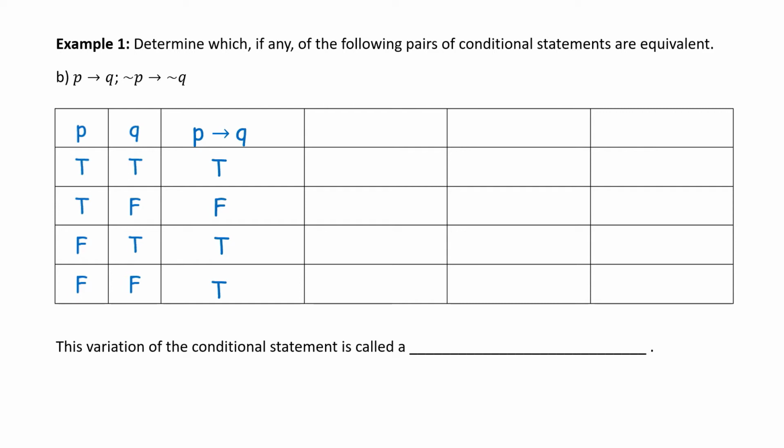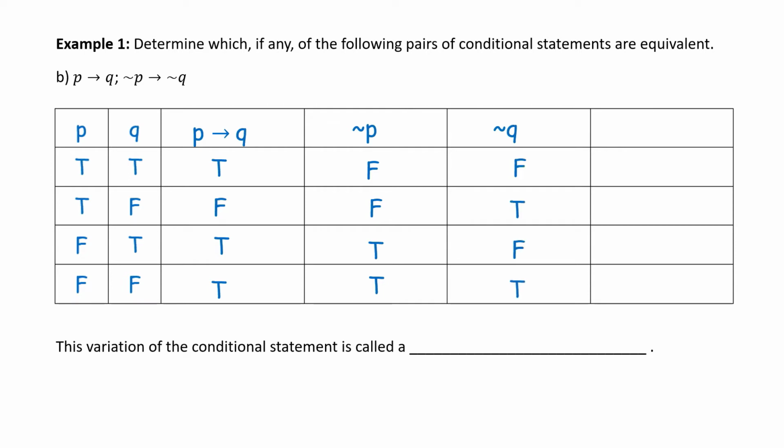Now let's negate P. That means we want the opposite truth value for what we initially began with. If we had true, true, false, false, then the negation would be false, false, true, true. Let's do this for the negation of Q. If Q was true, false, true, false, then the negation would be false, true, false, true.